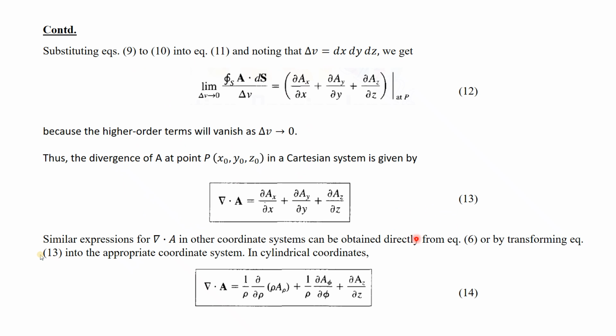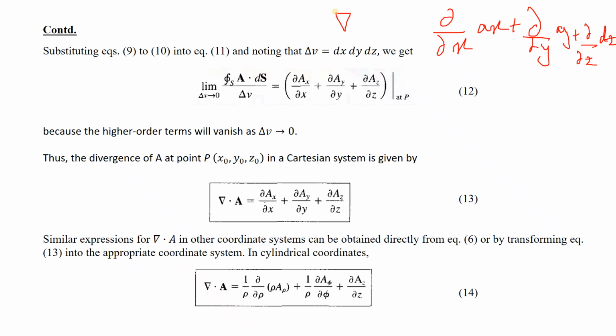Now let us concentrate on this particular equation 13. So how to write the divergence of a vector? Divergence of a vector is quite easy because in the del operator, that means in the gradient, we have seen that the del operator is represented in the Cartesian coordinate system like this: del x unit vector x, del y unit vector y plus del z unit vector z.